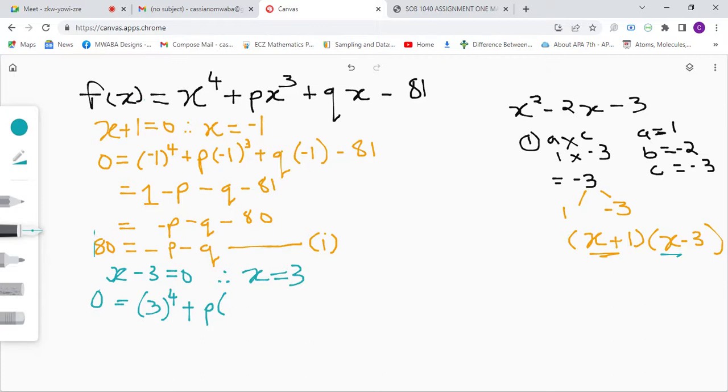So that shows that x plus 1 and x minus 3 are factors of this polynomial here. If we were told there was a remainder, we would have put that remainder here.